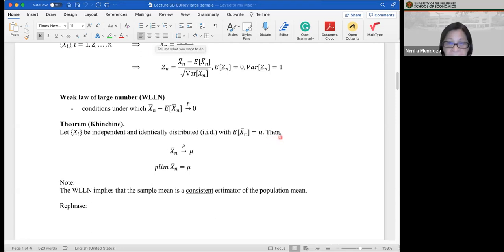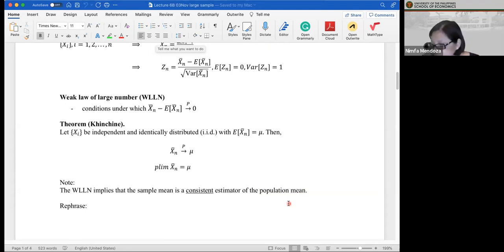Then the sample mean converges in probability to mu, or the p-lim of the sample mean is mu. So note that the weak law of large numbers implies that the sample mean is a consistent estimator of the population mean.